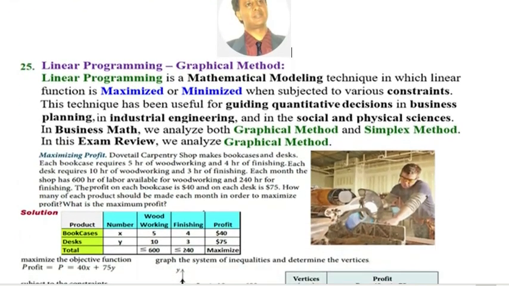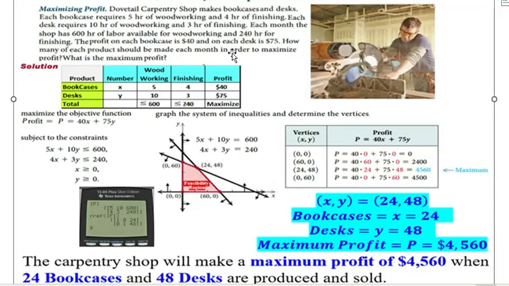So the first thing is we need to convert the word problem into a table. We have two products, bookcases and desks, and we don't know how many bookcases and how many desks we need to make to maximize the profit. So we're going to call them X bookcases and Y desks.